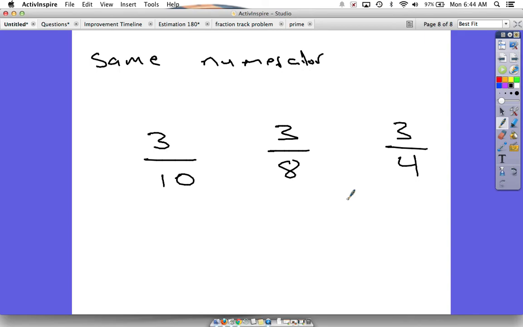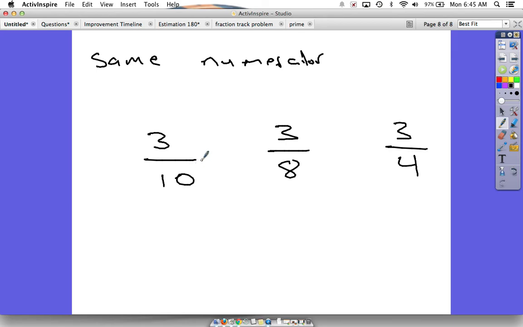There's a couple of ways to think about this. First of all, if we have the same numerator, just think about which one of these is closest to being a whole thing and which one is closest to being nothing. This is only one away from being a whole thing, where this is 5 away and this is 7 away.